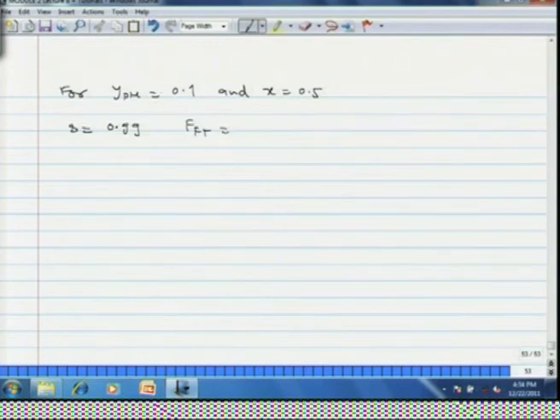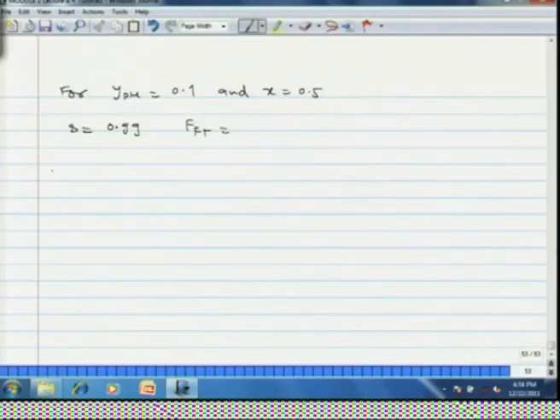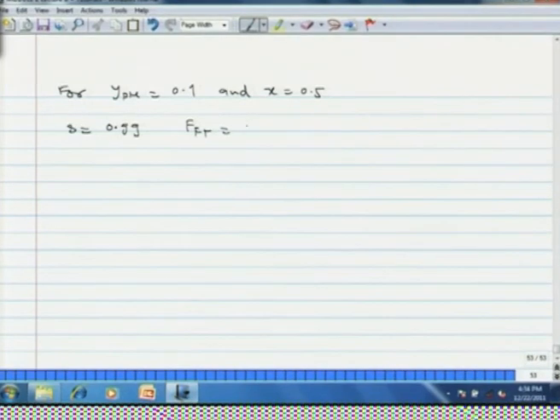For YPH equal to 0.1, that means we are essentially purifying the gas stream that is coming out of the flash drum, so that only 10% hydrogen is lost through the purge gas, everything else is recycled. So you use the same formulae that I have listed earlier, and then I will give the answer.